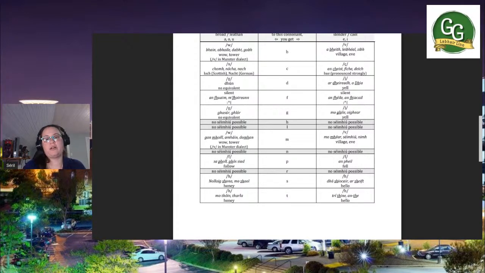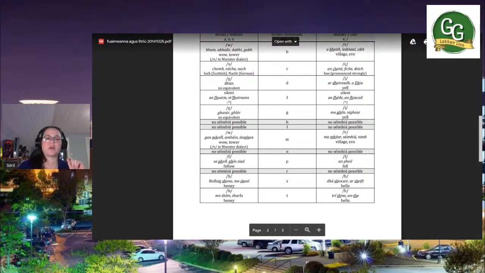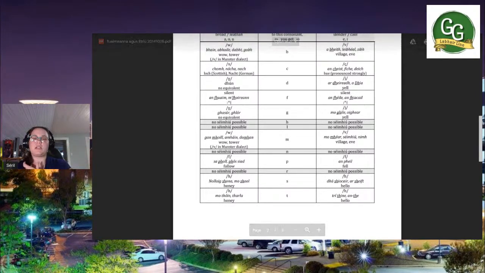So "a Dhia". "A Dhia" means God. You're calling out to God, because that's the vocative. So "a Dhia", and "dheirfiúr" or "eriera", depending on the dialect. So D becomes that guttural G in front of broad, or the slender Y sound over here.